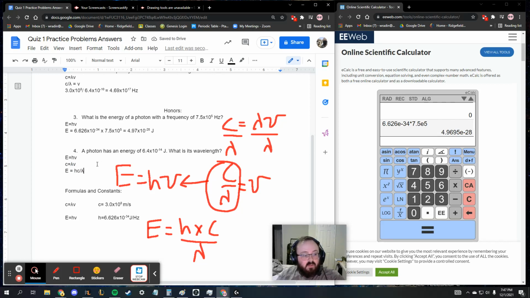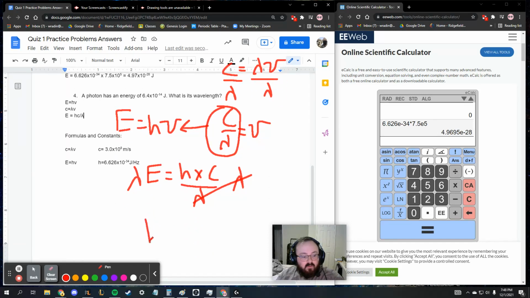We have all of these things. H and C are constants. E is what I give you here. We just are trying to find our lambda, which means we now have to isolate for our lambda. So how are we going to do this? We're going to multiply by lambda on both sides. This cancels out. We now have lambda E equals HC. And now we divide by E on both sides.